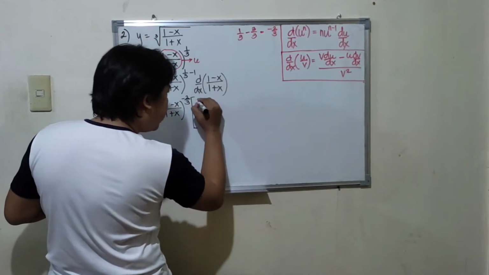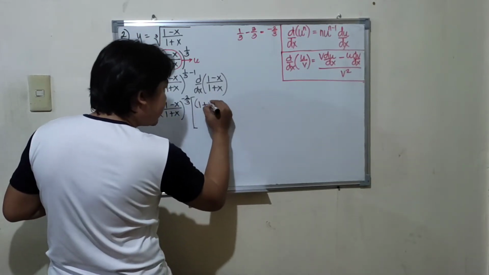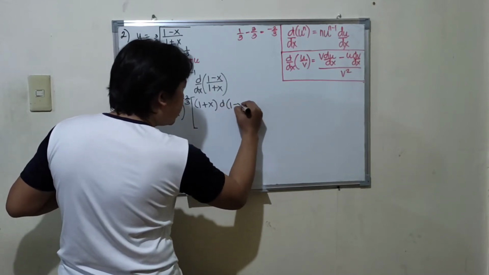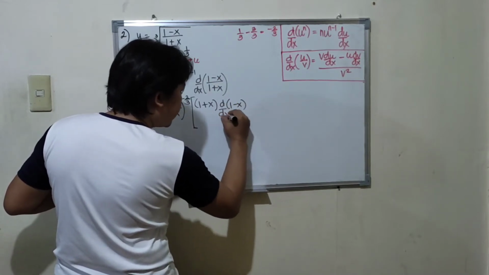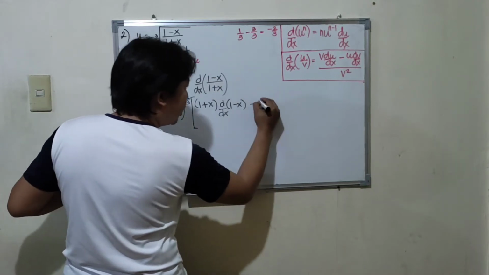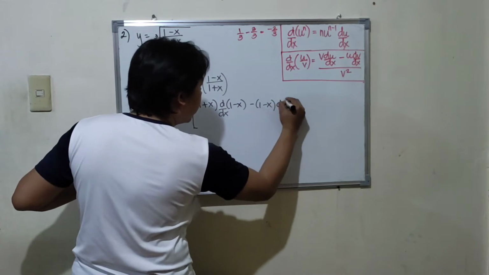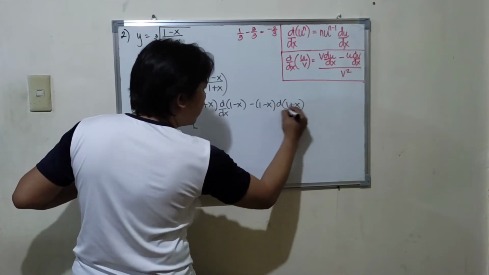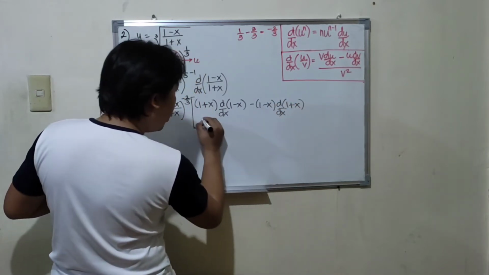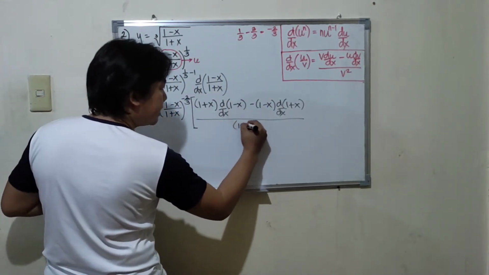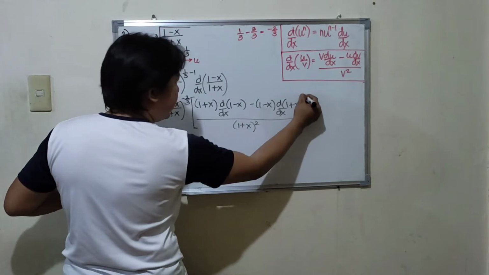So we have the denominator 1 plus x times derivative of the numerator 1 minus x with respect to x minus the numerator 1 minus x times derivative of the denominator 1 plus x with respect to x all over the denominator 1 plus x squared. Okay?